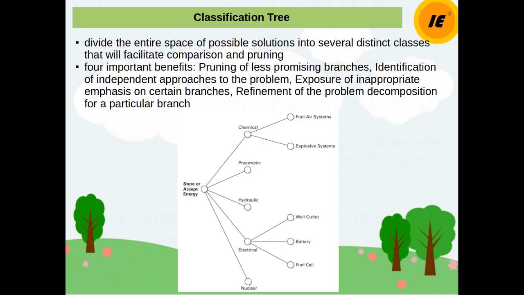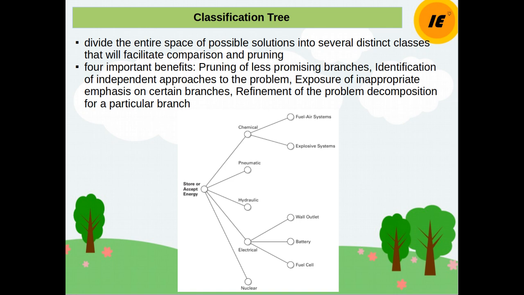So the classification tree you can see in the figure. Here basically you'll have a classification tree, which is just like a tree with different branches. The concept classification tree is used to divide the entire space of possible solutions into several distinct classes that will facilitate comparison and pruning.